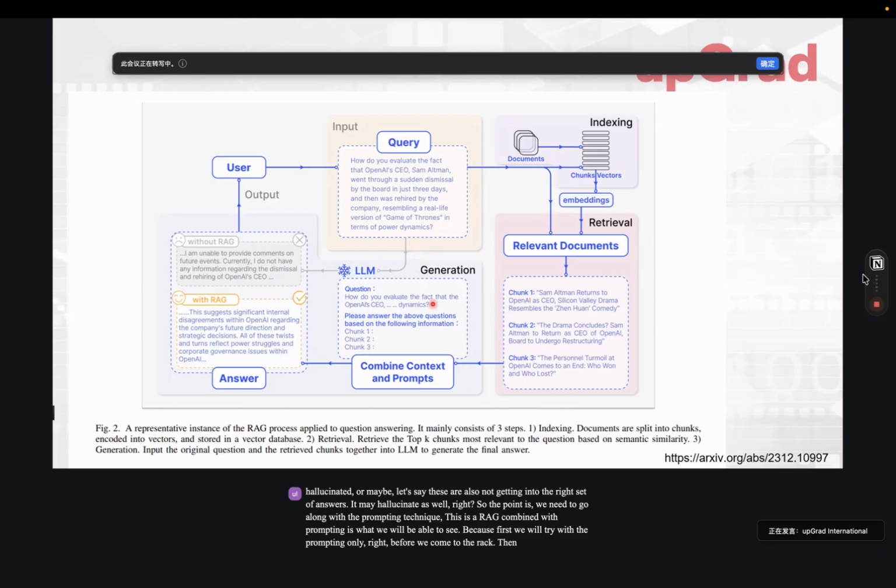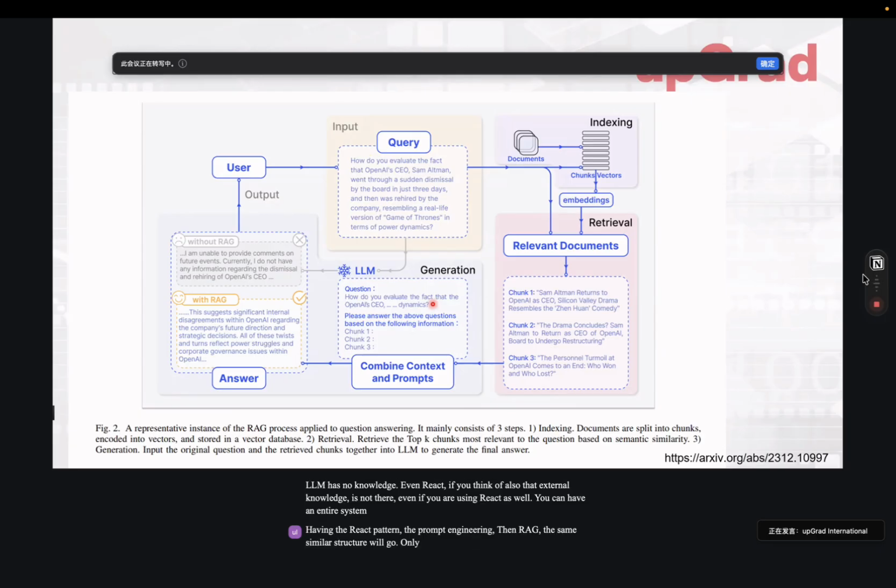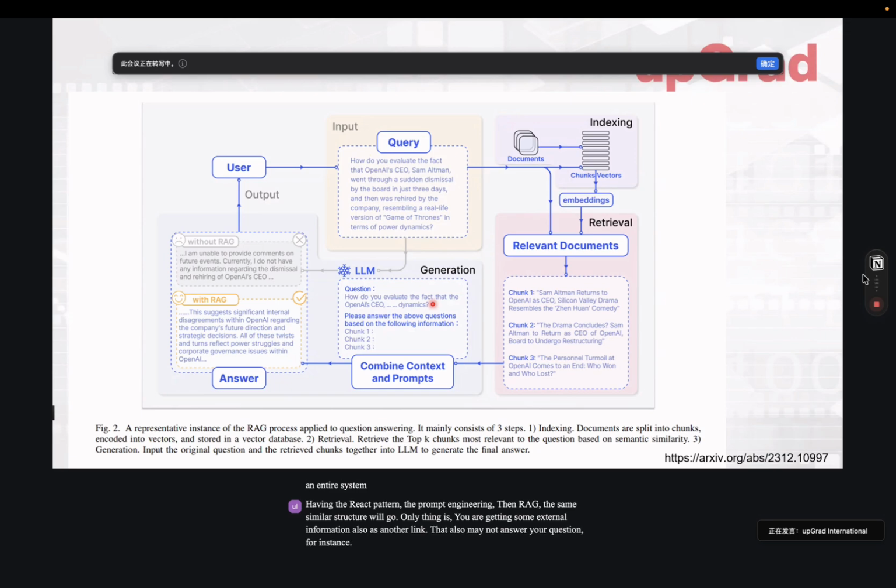Then when we come to RAG, we are giving some more external information where the LLM has no knowledge. Even with ReAct, if that external knowledge is not there, you can have an entire system with the ReAct pattern, the prompt engineering, then RAG, the same similar structure. The only thing is you are getting some external information as another link. That also may not answer your question, for instance. Then you are getting it from RAG.